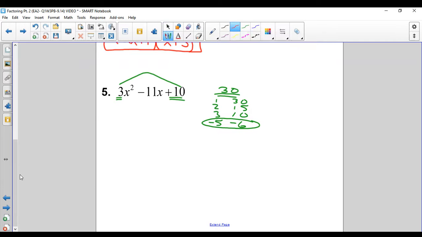So we rewrite the first term. We rewrite the middle in terms of our factors that we found. So minus 5x, minus 6x. That order in the blue here does not matter at all.